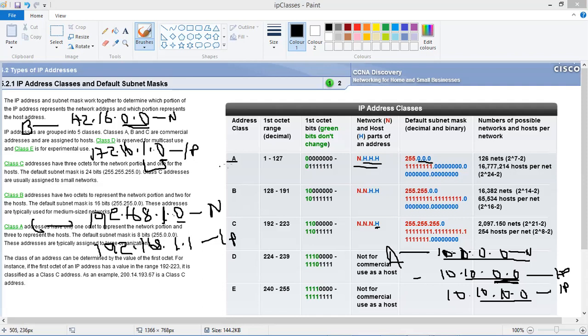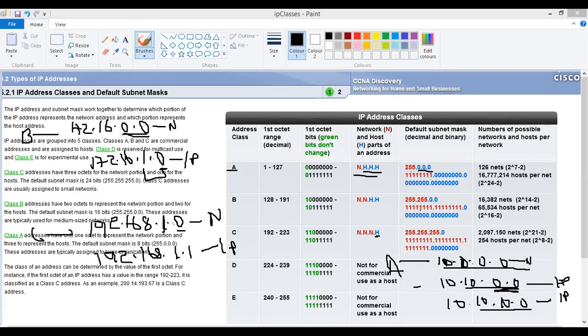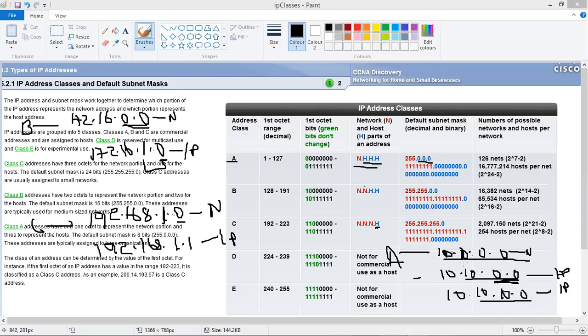And also, another thing I want to talk about is the broadcast address. When you have all zeros in your host ID, it is a network address. When you have all 255 in your host ID, it is called a broadcast address. Like this class A, if I have 10.255.255.255, it is a broadcast address.